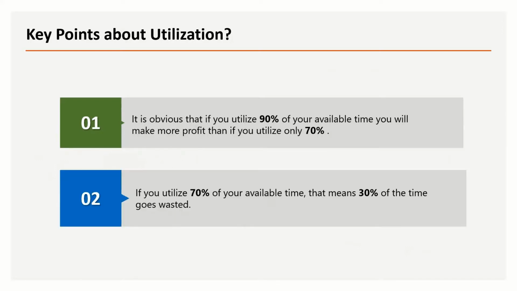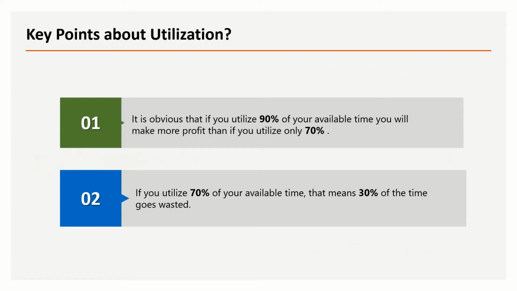The other key point about utilization is, if you utilize 70% of your available time, that means 30% of the time will go to waste in doing non-core activities or other activities which certainly will not produce. And low or high utilization will directly impact productivity and efficiency as well. So that's why utilization is extremely important.